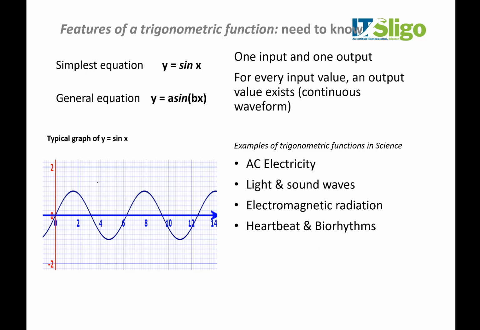Then on a natural kind of state, heartbeat, biorhythms, they're all waveforms. Seasonal variation, change in tides, stuff like that. So they're all subject to these trigonometric functions, waveforms, in a more simple form.